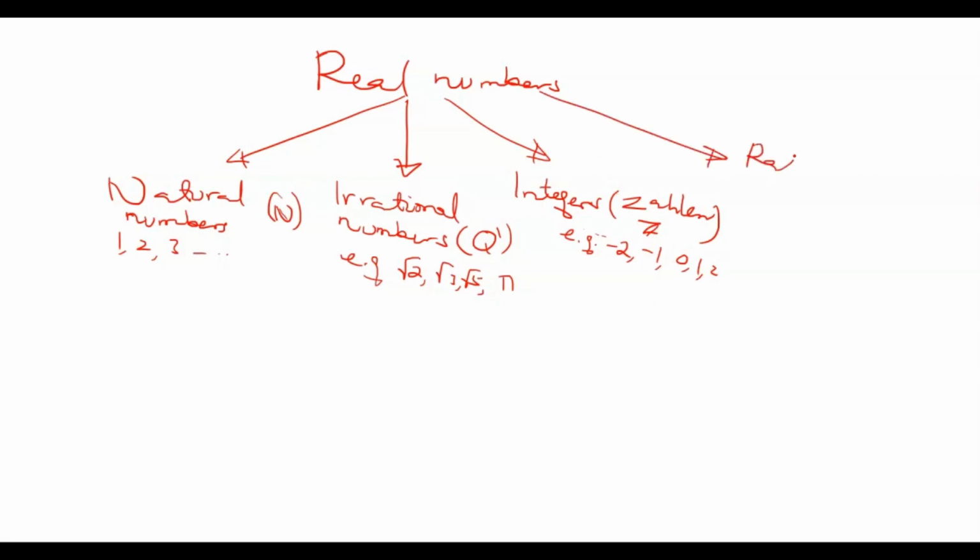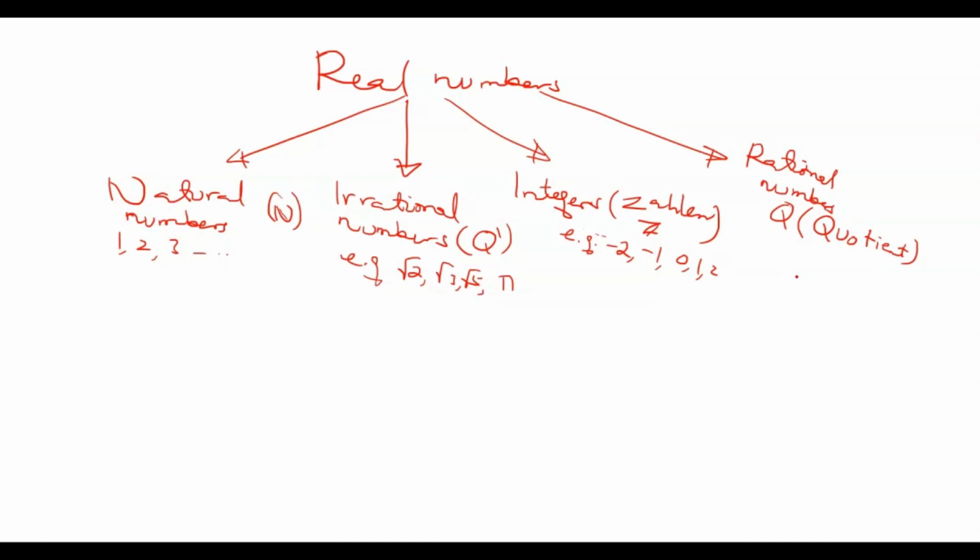And we have rational numbers, for which we use Q, which stands for quotient. These are numbers made by dividing two integers.